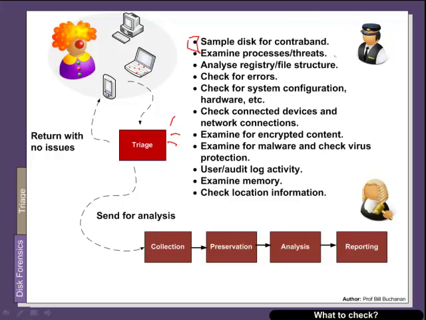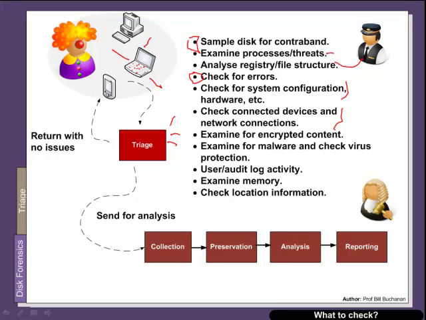We might examine the processes and any threads on the machine, analyze registries and the file structures, check for errors on the system, check the system configuration, hardware and so on, and how it's set up, especially connected devices and network connections. We probably need to identify if there's any encrypted content present on the disk.